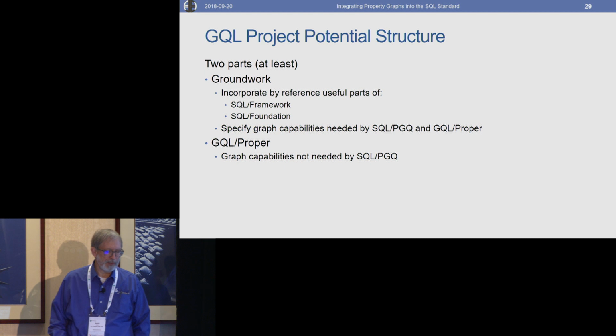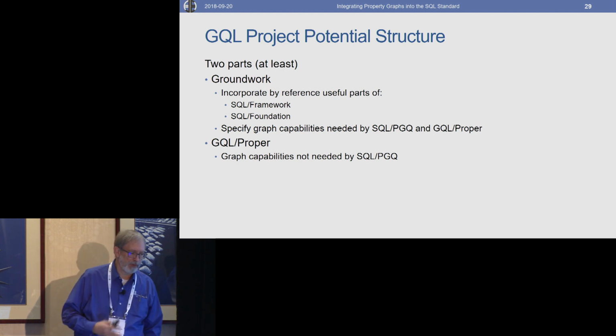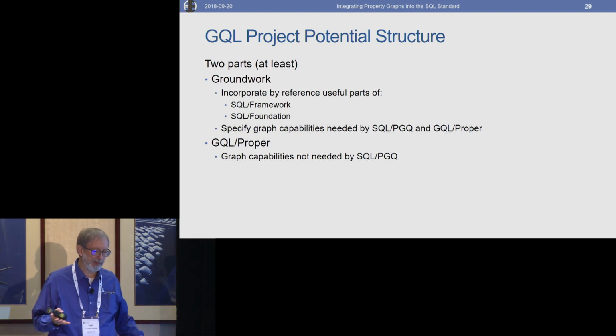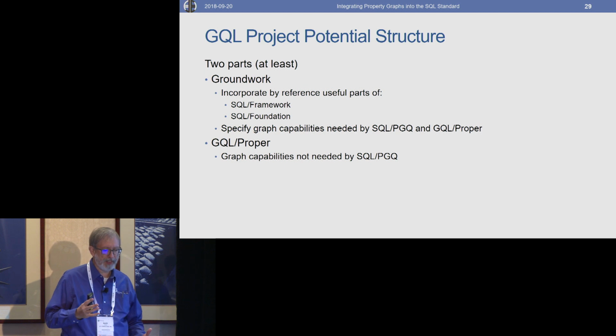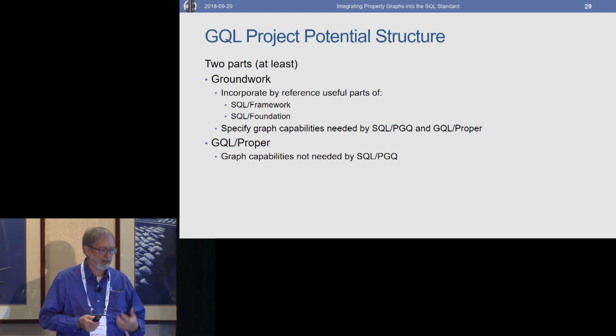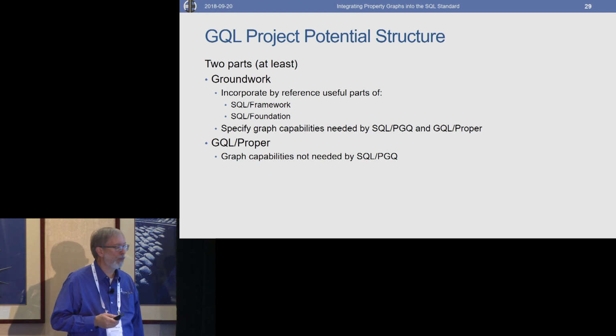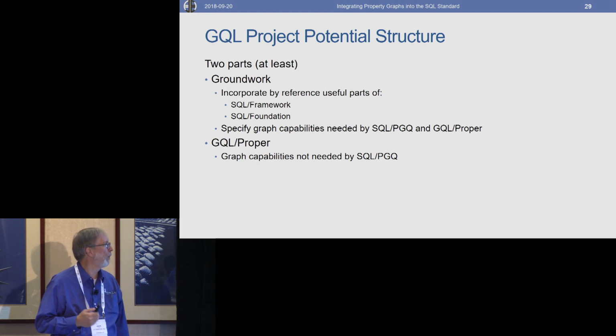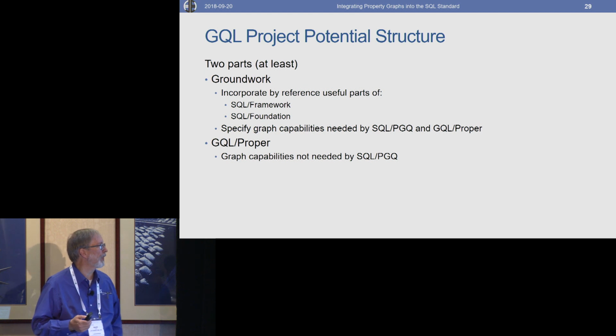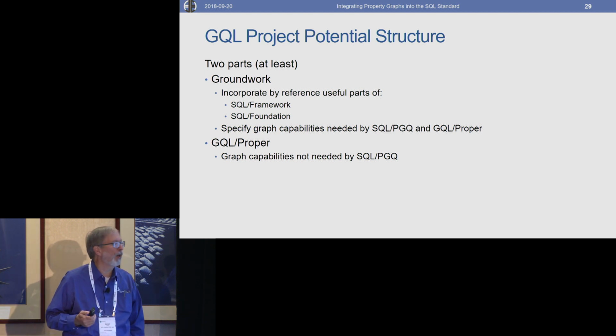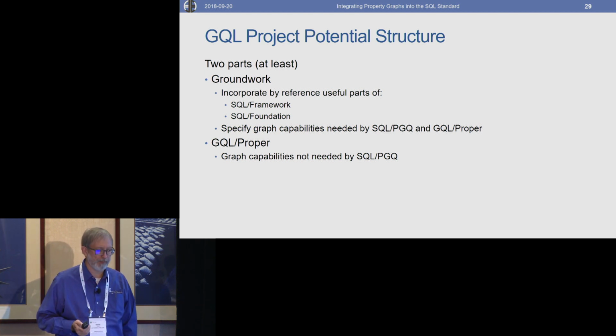So what might fit into this? In GQL proper, the graph capabilities that are not needed by the PGQ, in the groundwork or framework, whatever we manage to call it, the capabilities that are common to both the full GQL standard and to the SQL PGQ part of the standard.